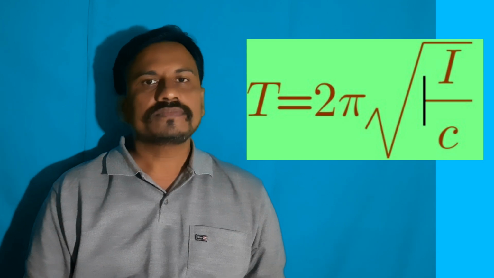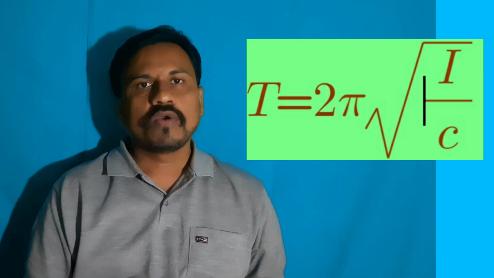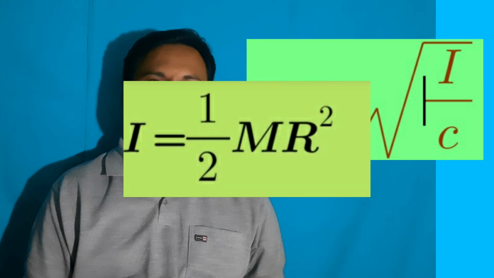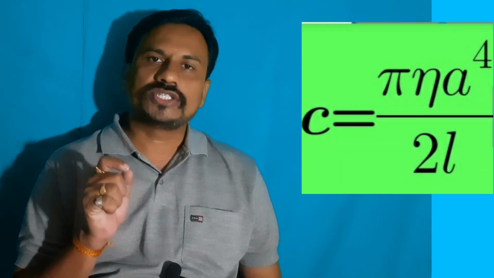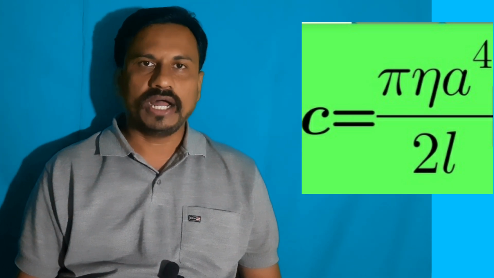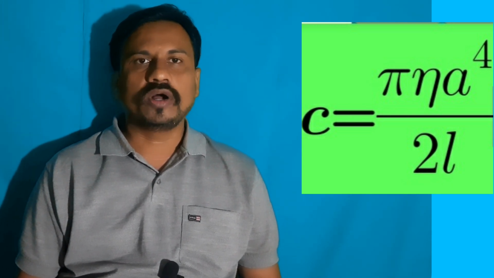So the angular acceleration of a simple harmonic motion is given by the formula T equals 2 pi under root of I upon C, where I is the moment of inertia of the disc and C is the torsional constant, or couple per unit twist, and this constant is expressed as C equals pi sigma a raised to 4 upon 2L.